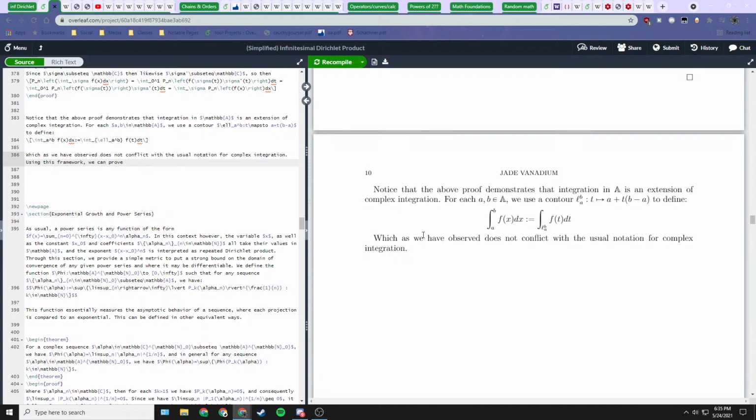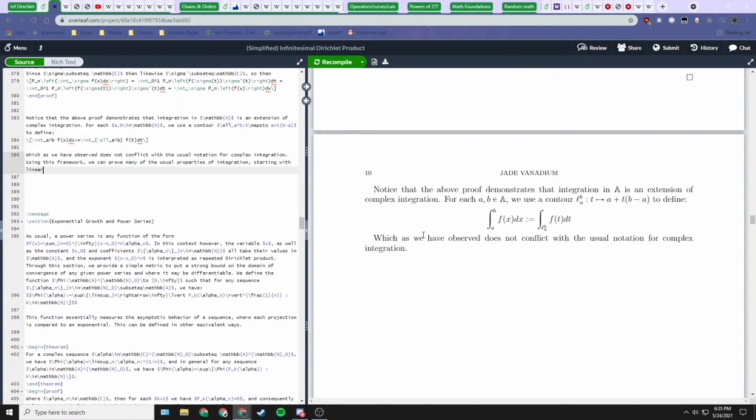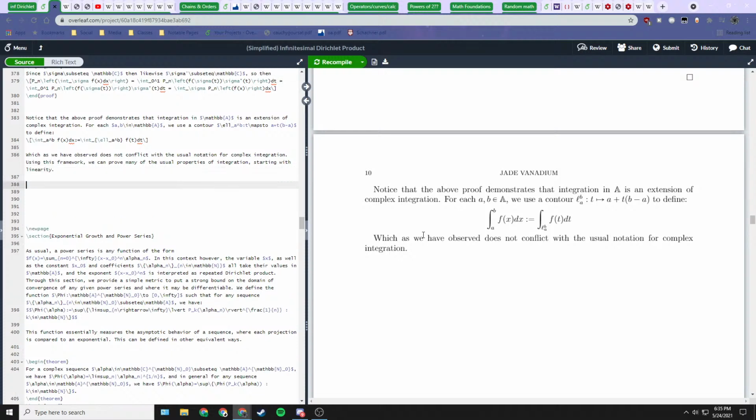Okay, this will be a little involved. In order to prove full linearity, we actually have to prove the linearity of cancellation. So that'll be an interesting thing to prove. I think we can do that.